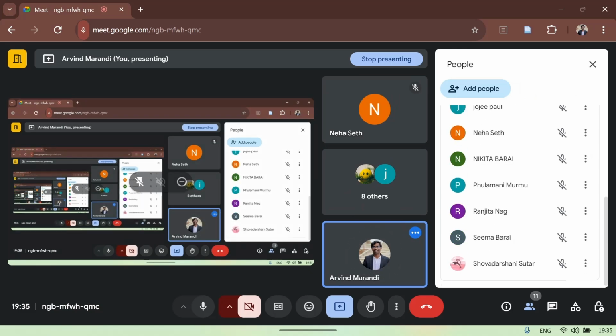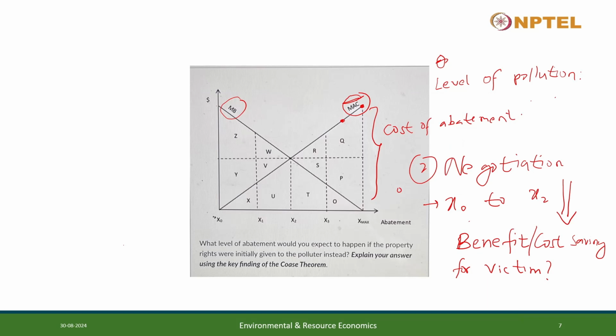Seema, are you there? Yes, ma'am. Can you please try this question, which I said: what will be the benefit or cost saving to the victim? So how will you calculate the benefit after negotiation?